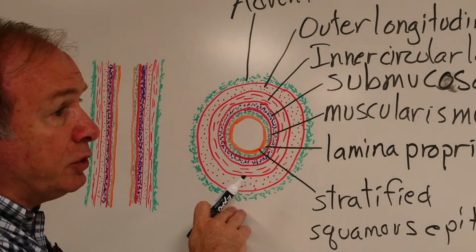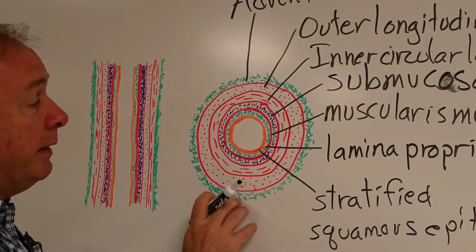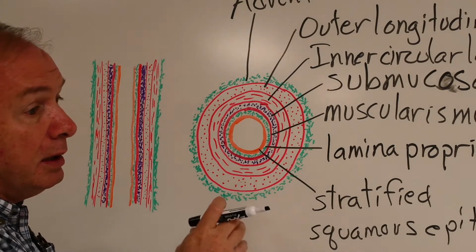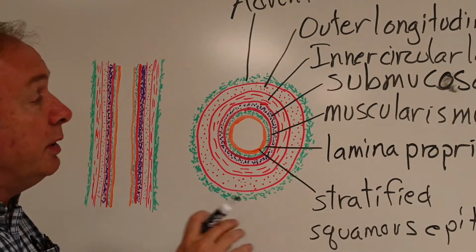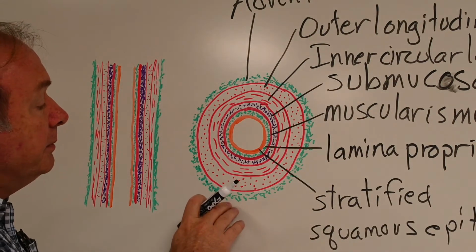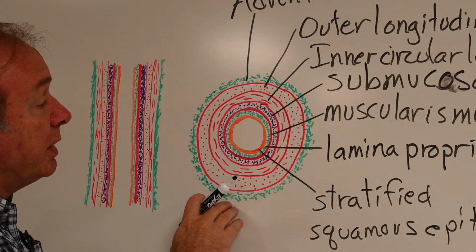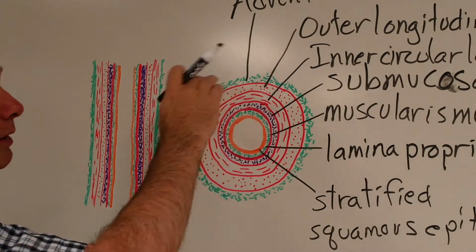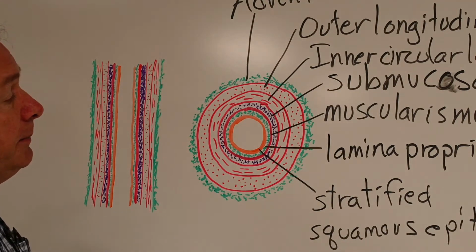It would lie next to other organs that are in the thoracic cavity. There would be blood vessels out here, the trachea lies next to it, and so on. So there are other structures all around here, and there's just loose connective tissue between the esophagus and those other organs. No layer of mesothelium in there.